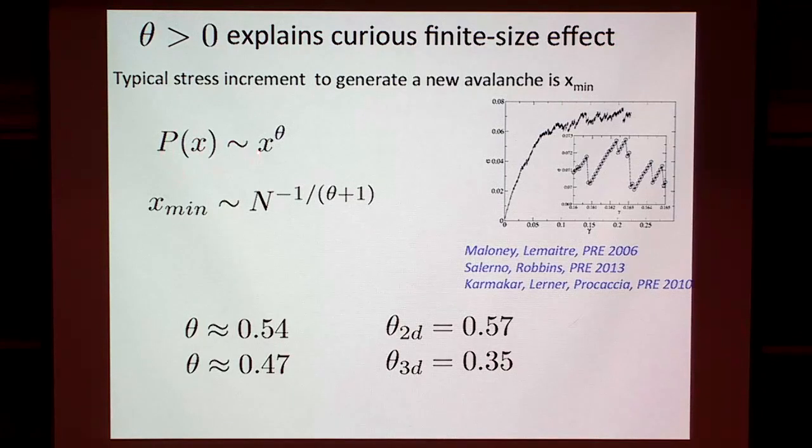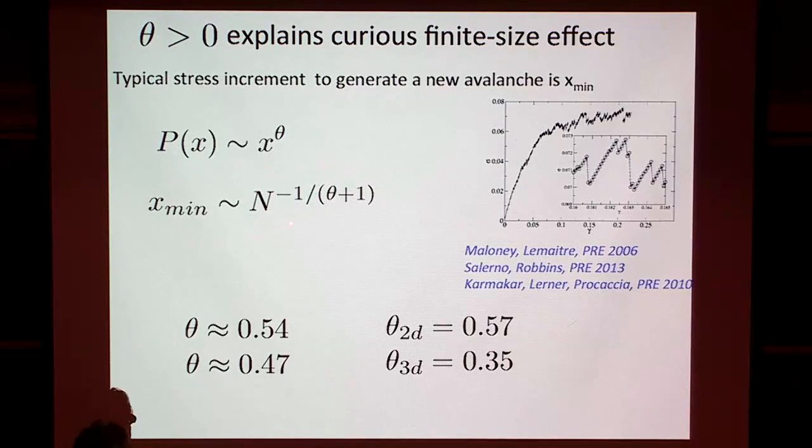So if P of x is singular, then you expect indeed that the minimal value, just from large number statistics, is not going to scale like 1 over n. This only occurs if theta is 0, like in the pinning. But here it would scale differently.